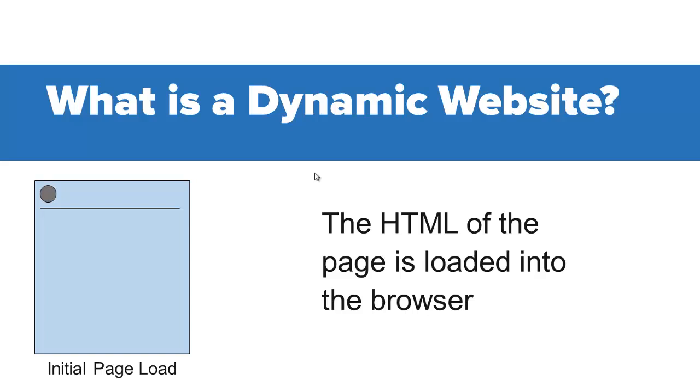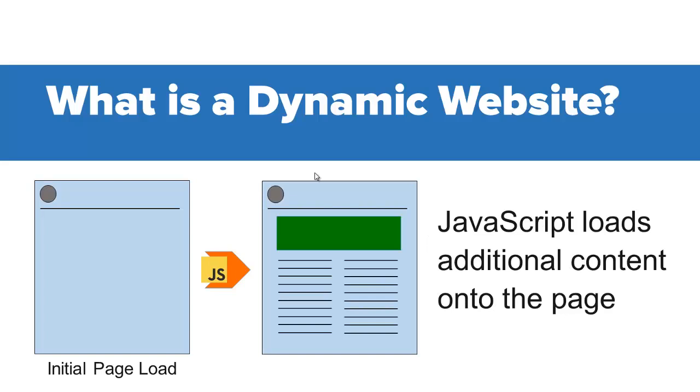This is what initially loads. It could be something like this: just the logo, maybe a nav up top, and everything else might not be there at that time. And then JavaScript loads in all the additional content onto the page after that initial load. So this is what I would say is a dynamic website.